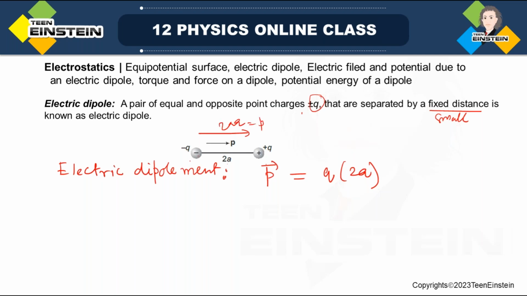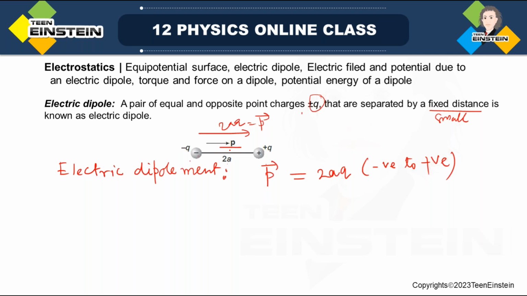It has magnitude as well as direction, and the direction of the electric dipole moment is from negative to positive, as shown here.